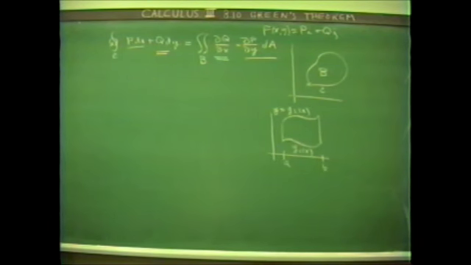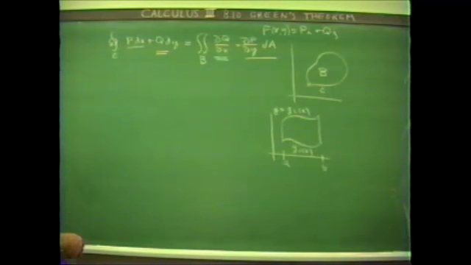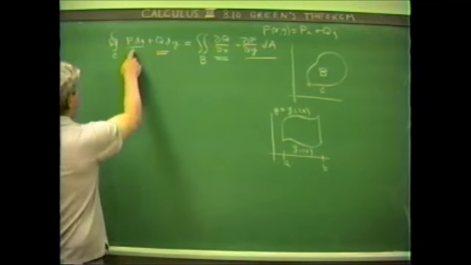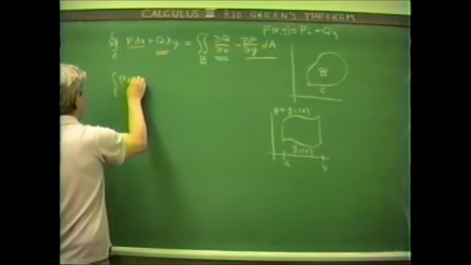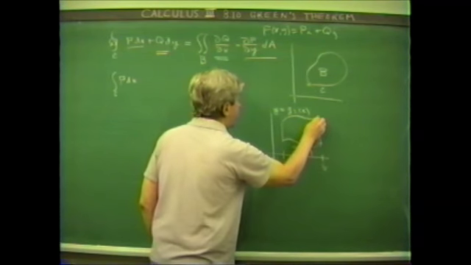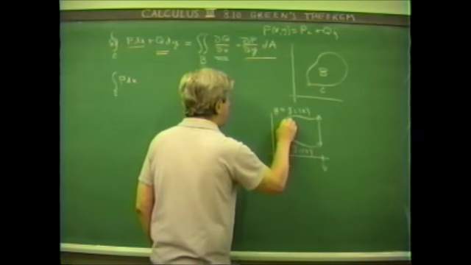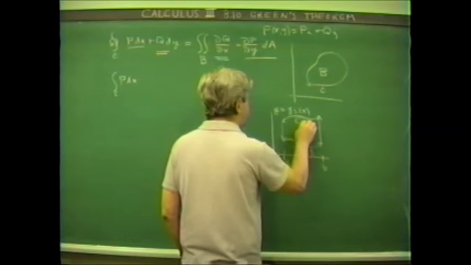All right? And let's then look at, around such a region, the integral of p dx around this region right here. We're going in the counterclockwise fashion, and if we do this, we find that we can write this as two curves, C1 and C2.